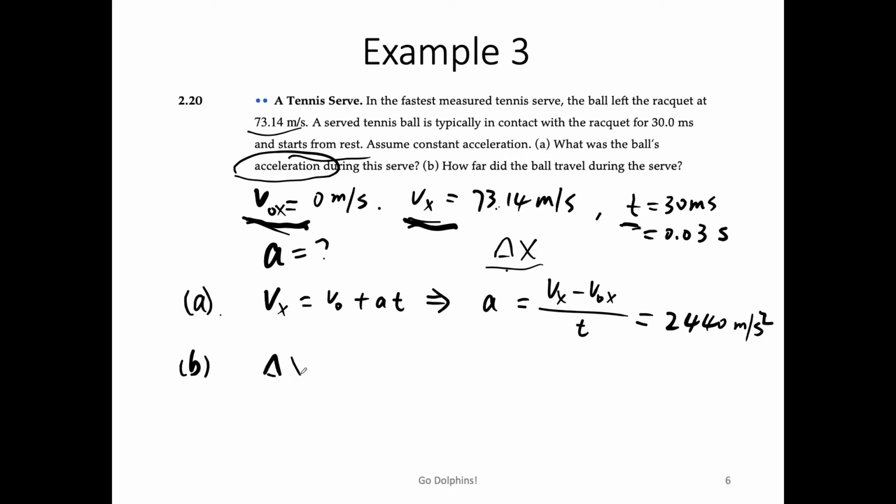So you have x equals 1/2 times initial velocity plus final velocity, times t. Plug in all the numbers. Finally, displacement is 1.1 meters, which is basically the length of the arm of the tennis player, which is reasonable, right?